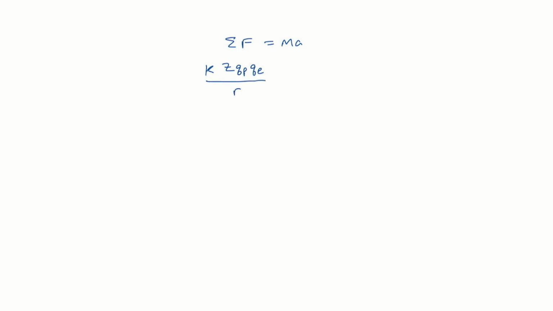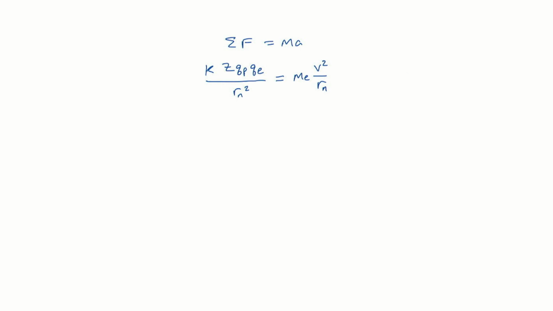And we're going to divide by R sub n squared. This will be equal to the mass of the electron times V squared divided by R sub n.